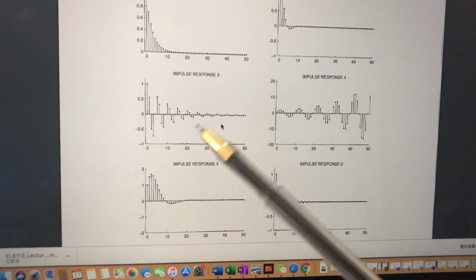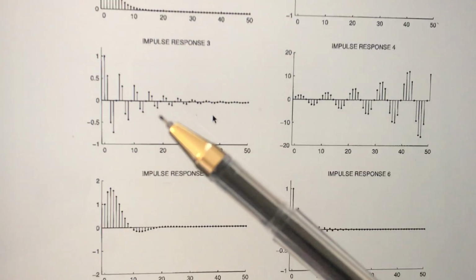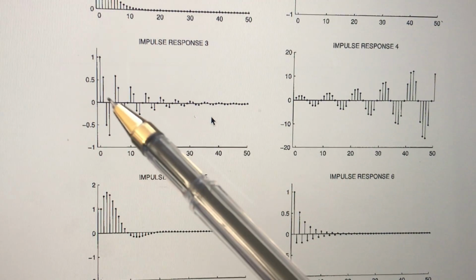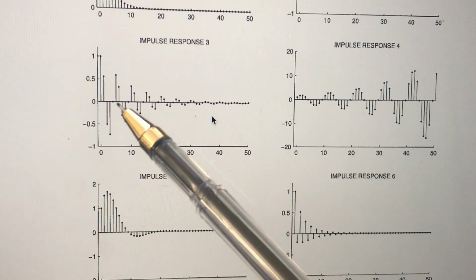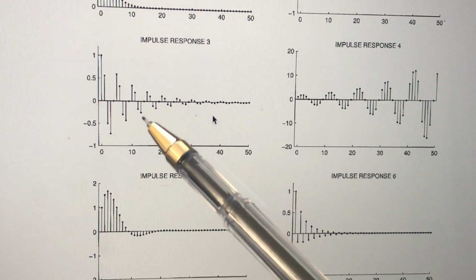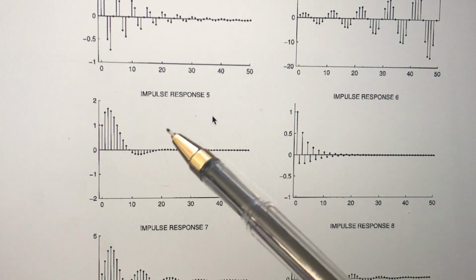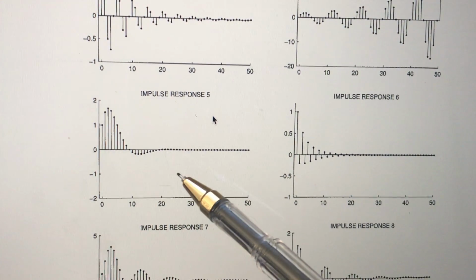So look at diagram 3. It starts from here but ends at here. So this is one period, which means the period of this one is 5. But this one starts from here and ends at here, so the period is 20.